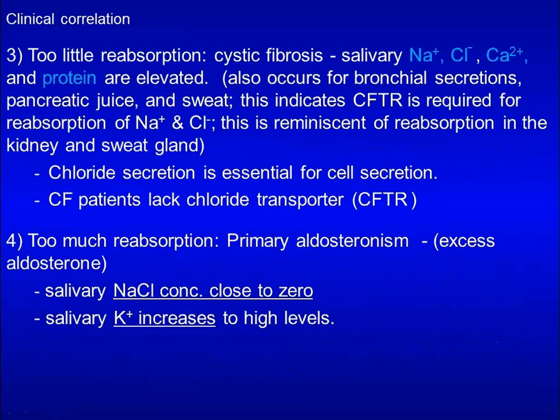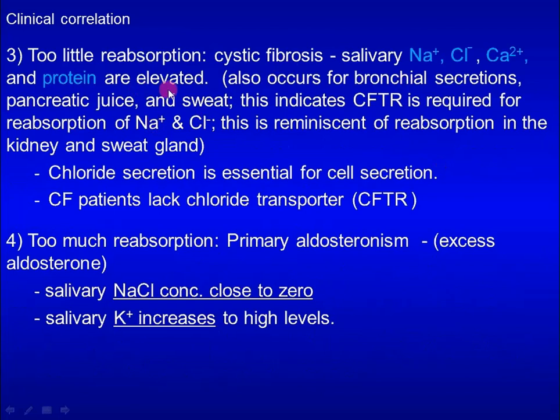The third condition is too little reabsorption of sodium chloride in ductal cells. This occurs in patients with cystic fibrosis. Concentrations of sodium and chloride ions are elevated in saliva.